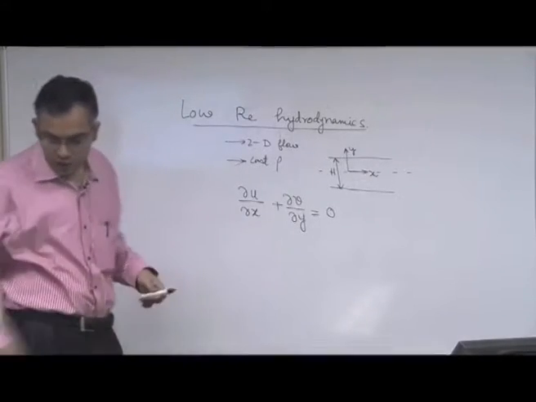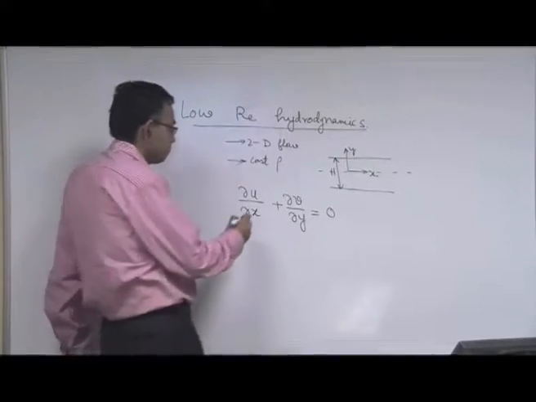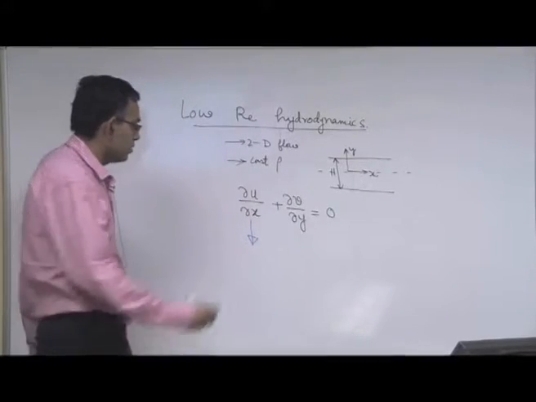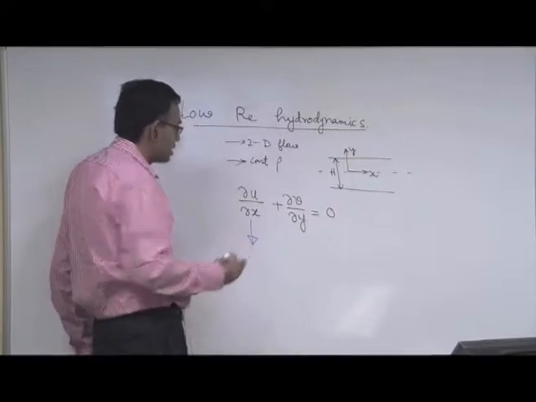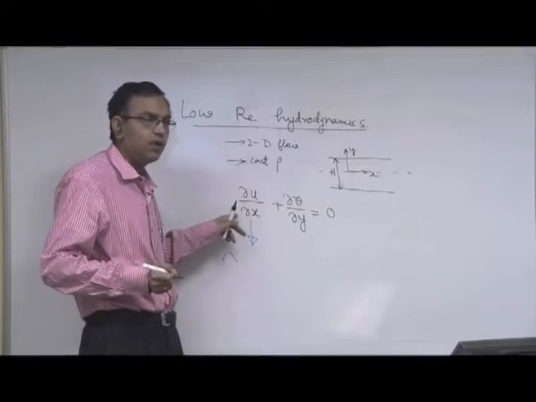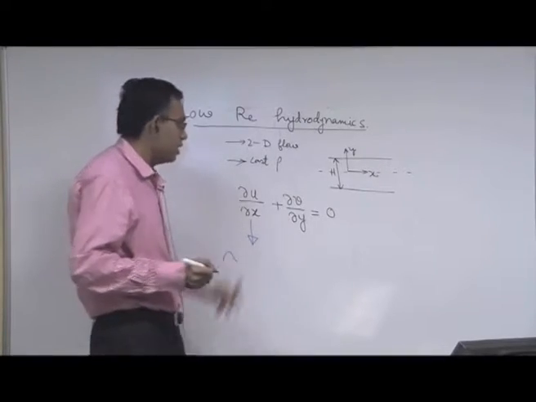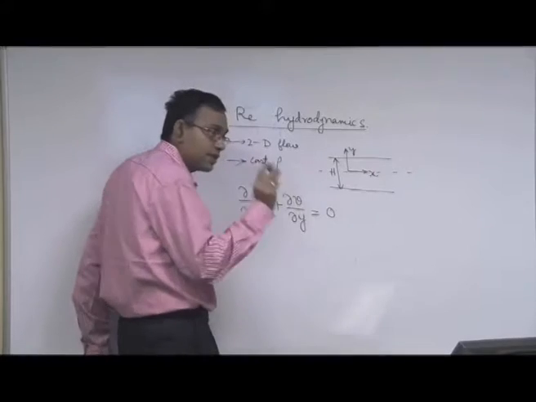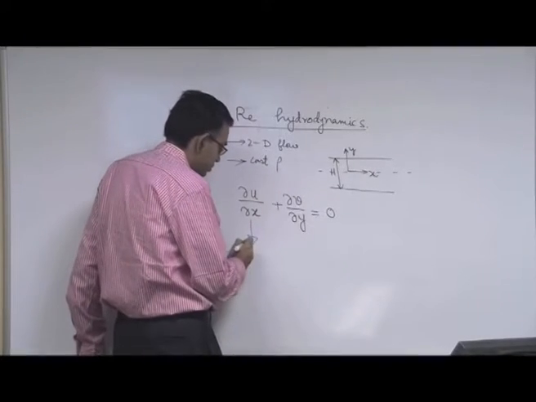So order of magnitude wise, what is the order of magnitude of this? Basically maximum value of u by maximum value of x. Let us write this, let us first write and then we will discuss about this.